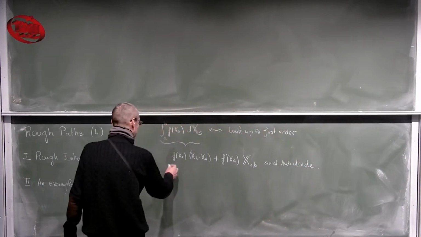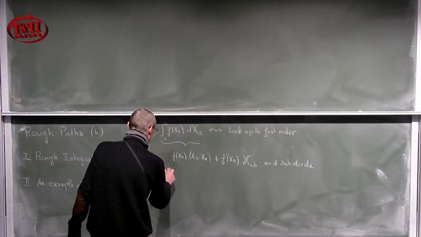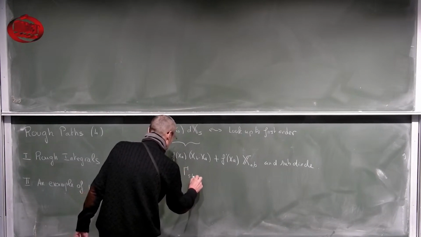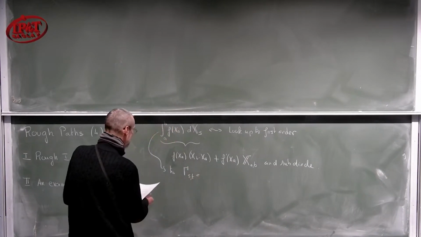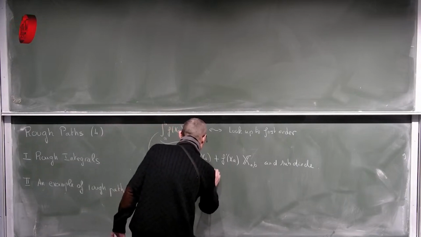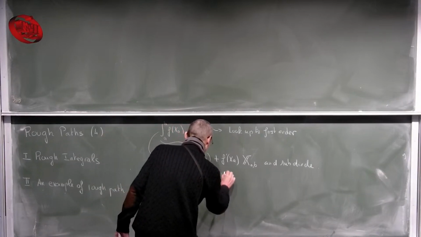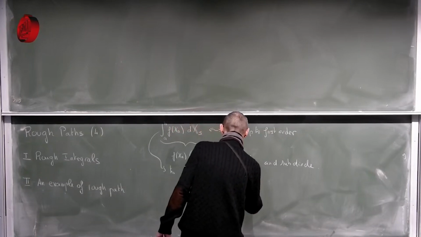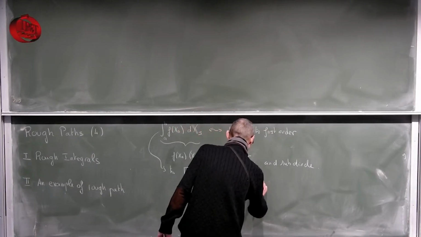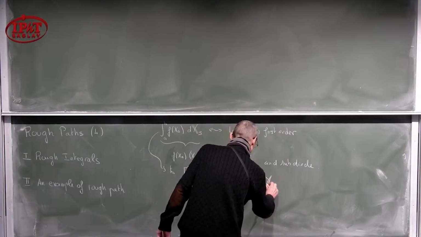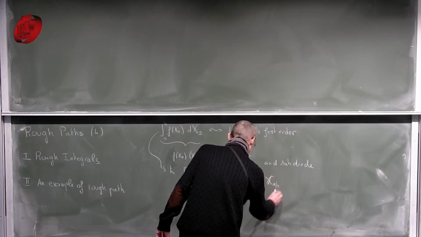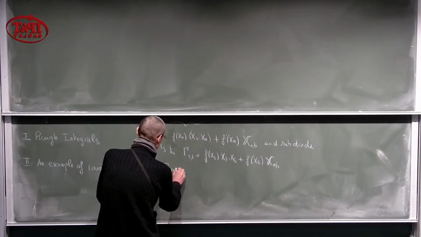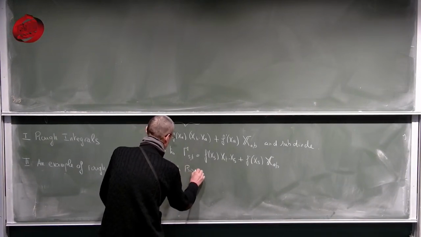Which means that in fact, I'm going to associate this to gamma_st, which is f of x_s times (x_t minus x_s). I'm just repeating, plus f prime of x_s times the boldface X_st, and then I will introduce rough Riemann sums.